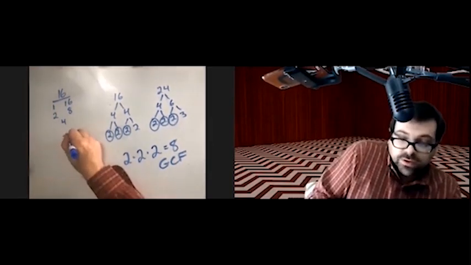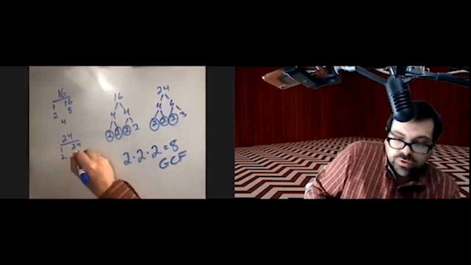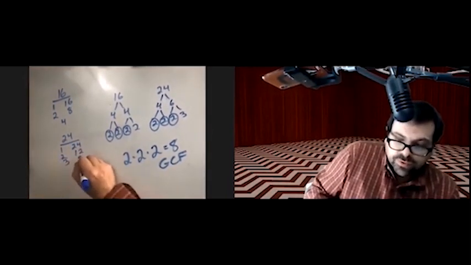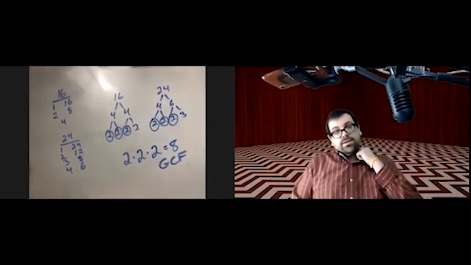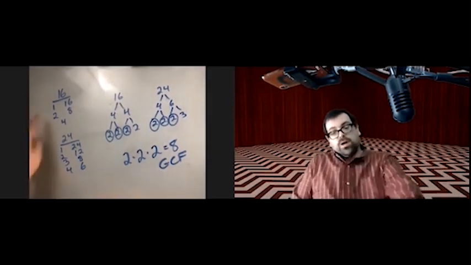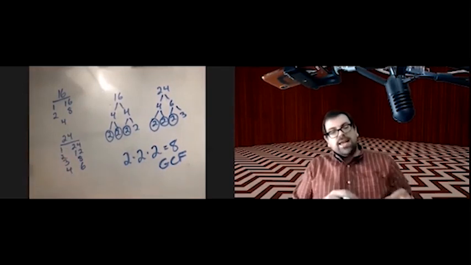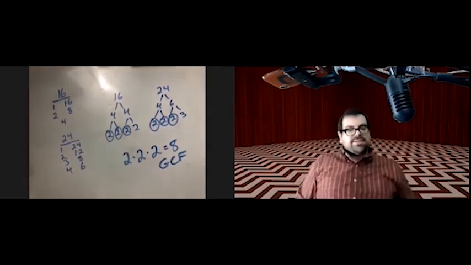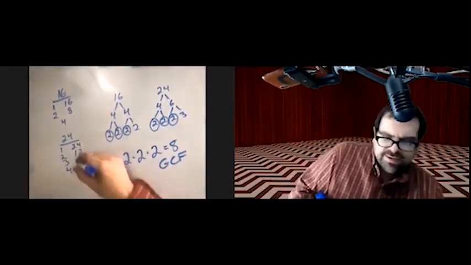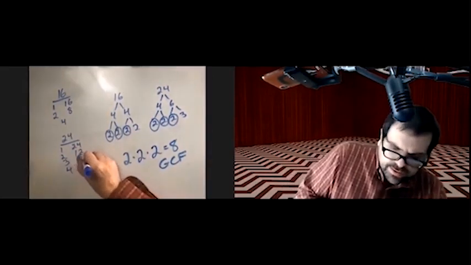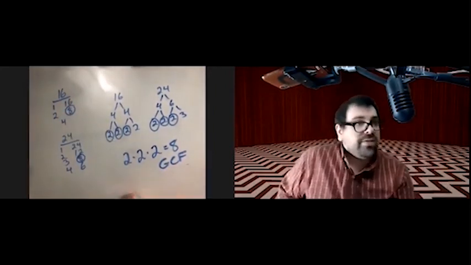For 24, 1 and 24, 2 and 12, 3 and 8, 4 and 6. 1, 2, 4, and 8 are common factors to 16 and 24, but what is the greatest common factor? What is the biggest number in both lists? 8, the greatest common factor.